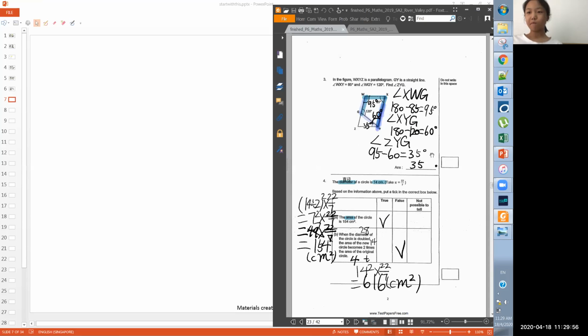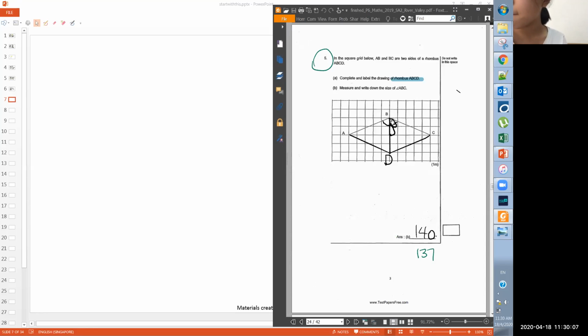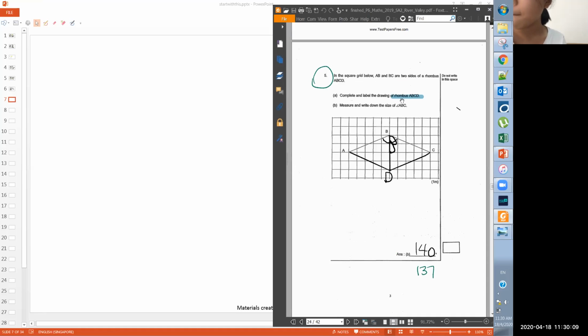Go. 3, correct. 4, also correct. 5. So what's the problem with 5? Here. Can you see? So what's the problem for 5?